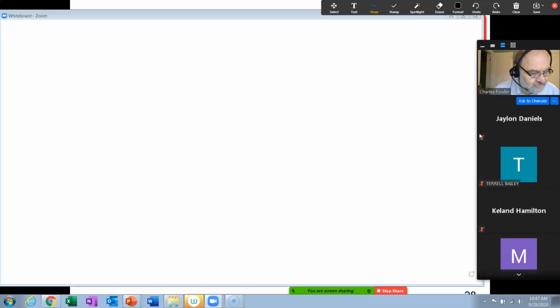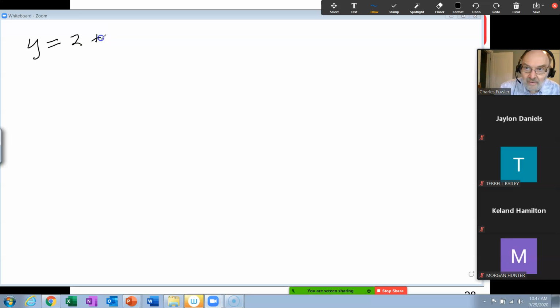And here's example 6. Sketch the graph of y equals 2 plus 3 cosine 2x. Now, again, as always, I identify my letters.